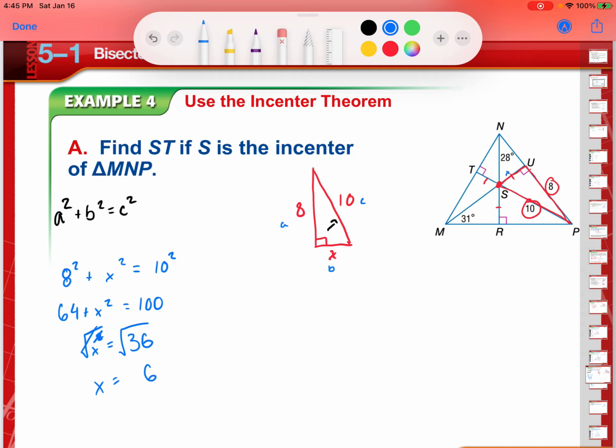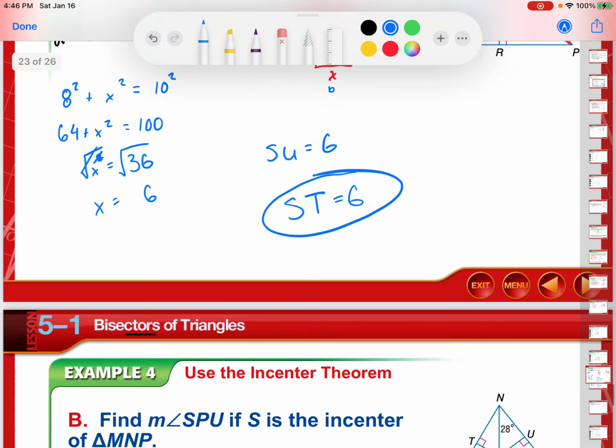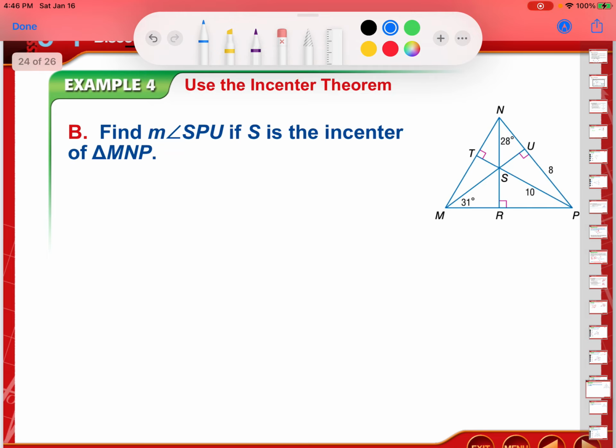All right, so if X is 6, we know then SU equals 6. But that's not what they wanted. They want ST. Well, good news is we know SU and ST are congruent, so we can say confidently that ST also equals 6, which makes us very happy.